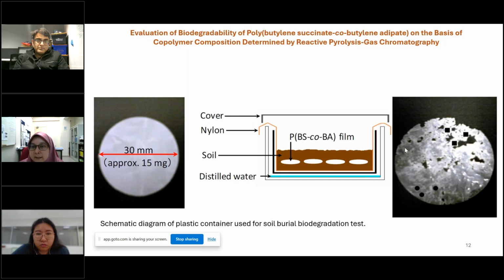What we observe is that about half of this plastic is degraded, forming holes at the center and at the edge of the plastic. At these local points of the plastic, we take samples and subject the degraded plastic film to reactive pyrolysis gas chromatography analysis.